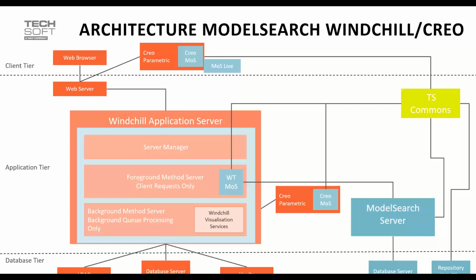Within the Creo Parametric area, it's a little different because it is an integral version, as you have seen, and normally the user has to free up the license, because with the ModelSearch Live application it's better to use it this way. But we will also implement the best practices together with you.